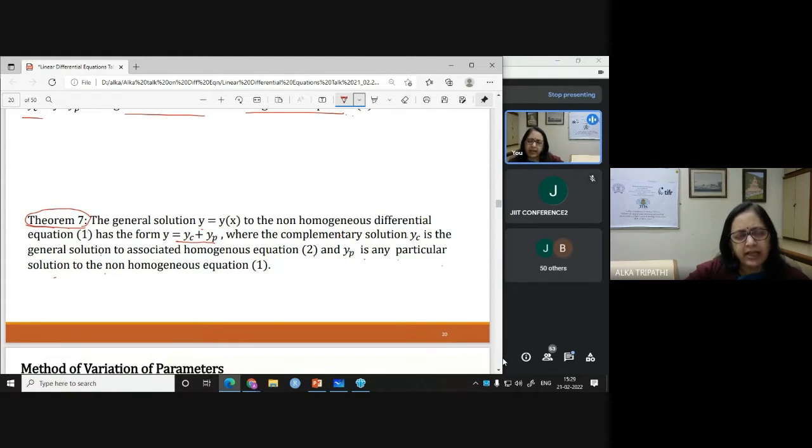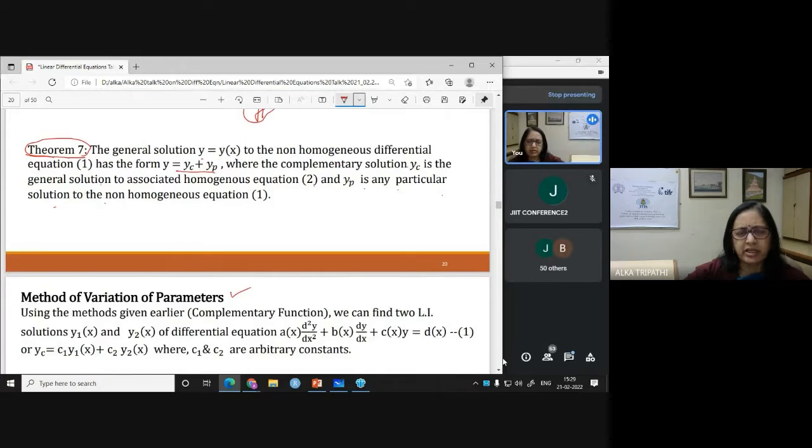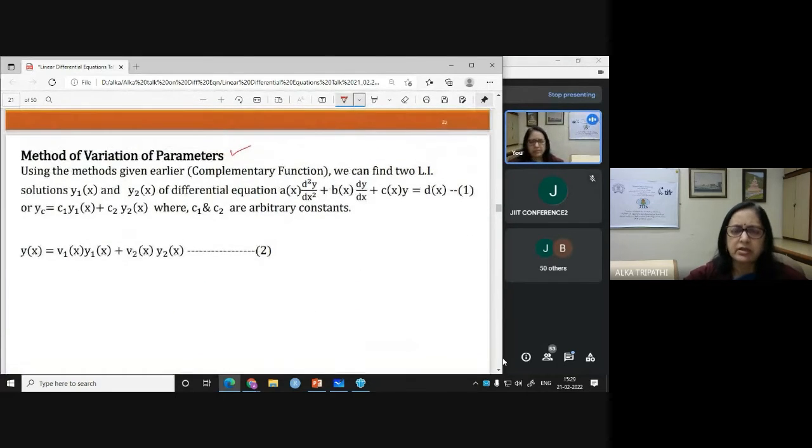Now, for finding this particular solution yp, there are different methods given. We will be talking about the variation of parameters method. It is a quite powerful method, because in this case there is no special restriction on d(x), that is, my RHS value can be any function of x.